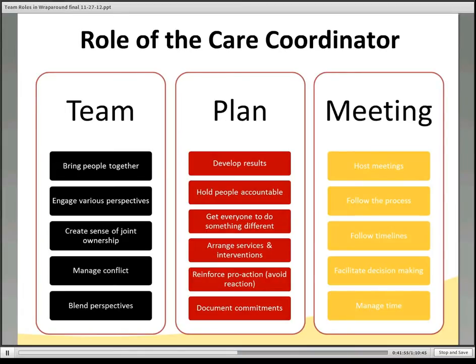And that's why that facilitation, that mediation, the conflict resolution and blending of all of those perspectives is so important for the role of the facilitator.